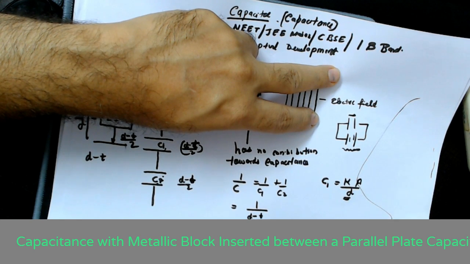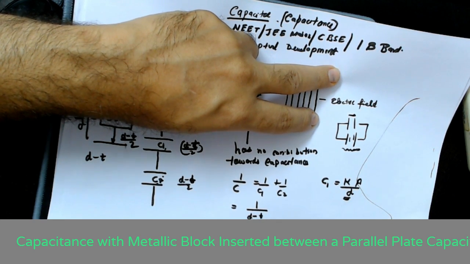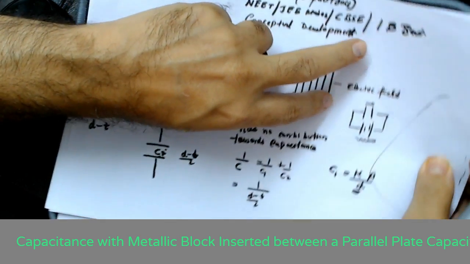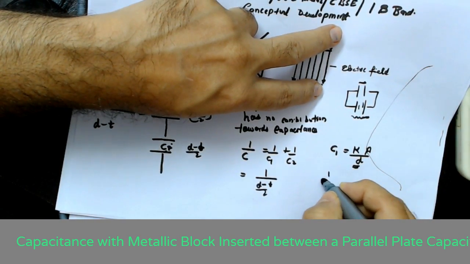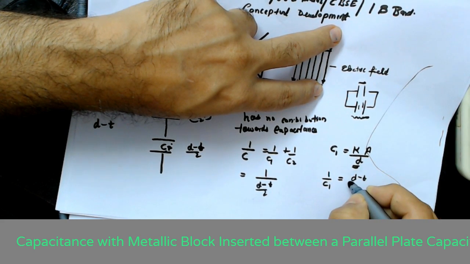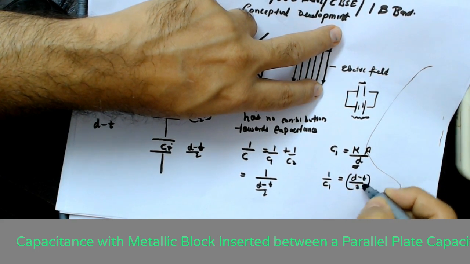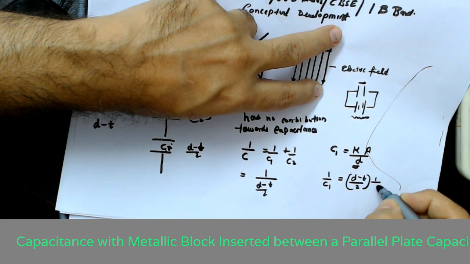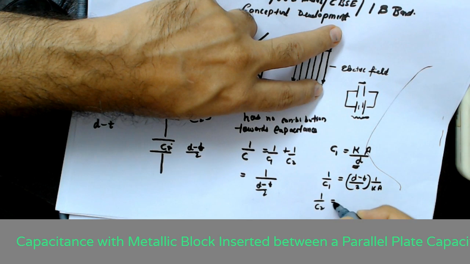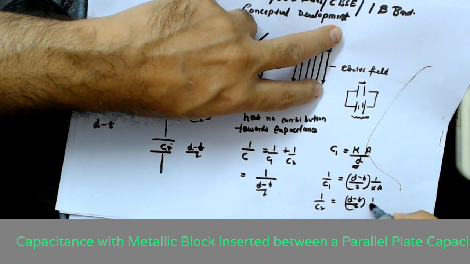and the area is in the denominator. So you can write 1 by C1 as D minus T by 2 times 1 by Ka, and 1 by C2 is equal to D minus T by 2 times 1 by Ka.